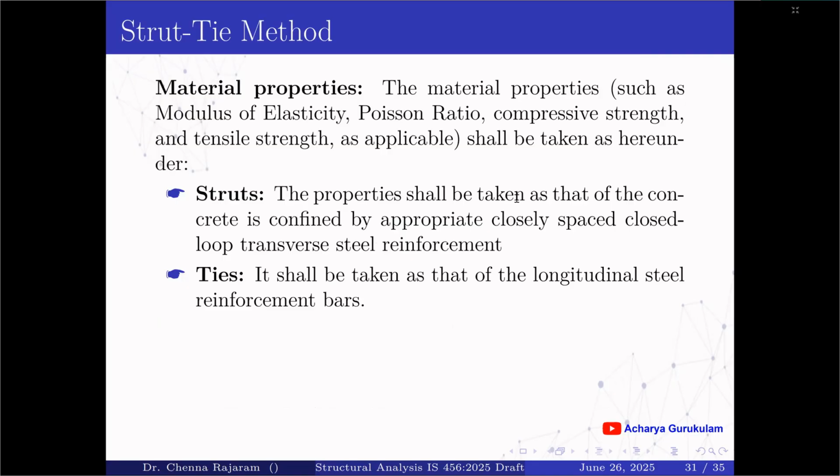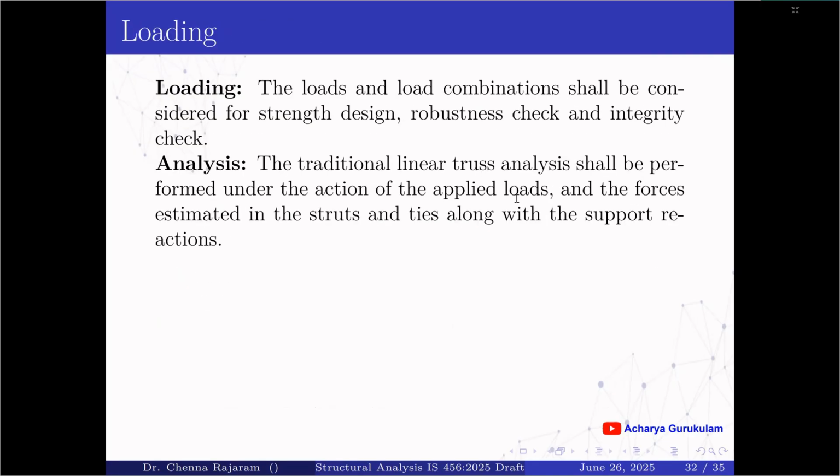For ties, it shall be taken as that of the longitudinal steel reinforcement bars. For loading, the loads and load combinations shall be considered for strength, design, robustness check and integrity check. For analysis, the traditional linear truss analysis shall be performed under the action of applied loads and the forces estimated in the struts and ties along with the support reactions.